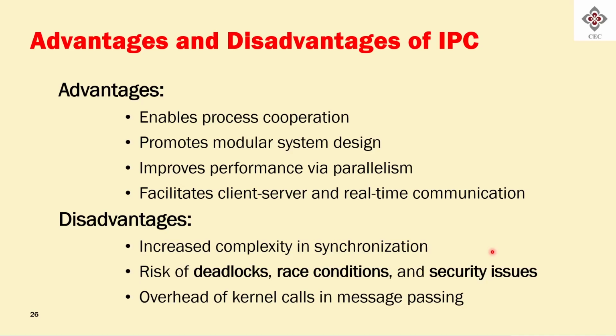Another issue is the risk of deadlocks, race conditions, and security issues if it is not properly implemented, because many are sharing a particular resource. Both can attempt at the same time, both can breach some rules of accessing the data. So, anything can happen. Implementing synchronization mechanisms is a big challenge. We also have a lot of overhead in kernel calls during message passing. A lot of calls have to be invoked for sending and receiving messages. So, these are the advantages and disadvantages of IPC.